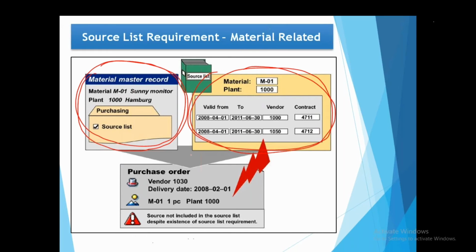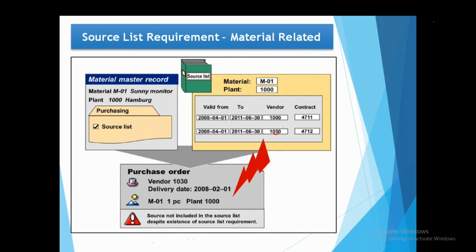Once you mandatorily maintain the source list, whenever you create a purchase order, the system will check whether that particular vendor is maintained in the source list or not. If that vendor is not maintained in the source list, the system will throw an error. Suppose we are creating a purchase order for the vendor 1030, but this vendor 1030 is not included in the source list. Then the system will not allow you to create this purchase order for this particular vendor.